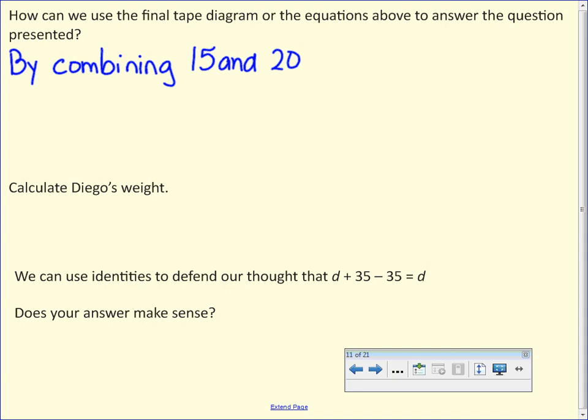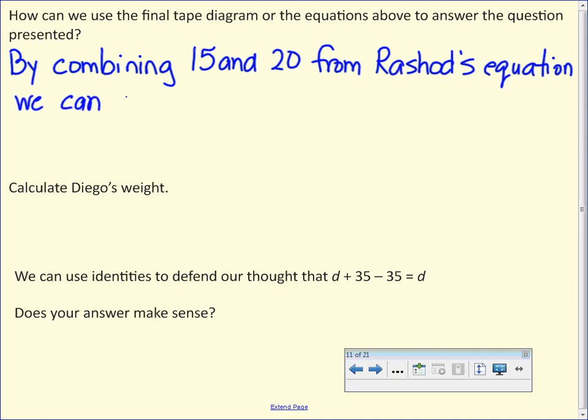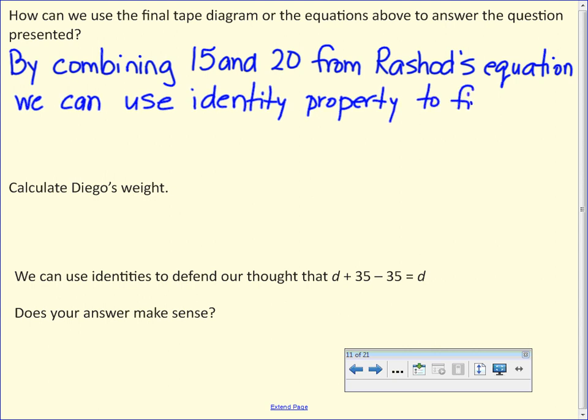By combining 15 and 20 from Rashad's equation, we can use the identity properties to find Diego's weight.